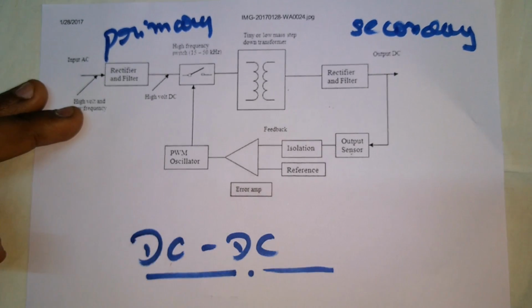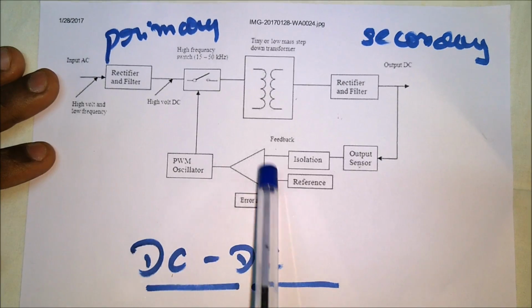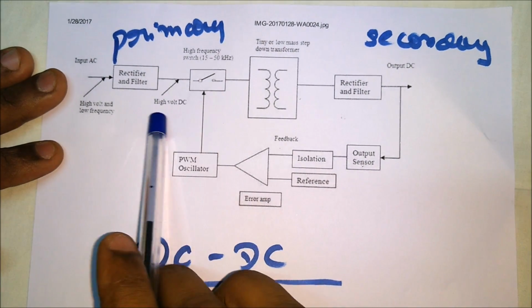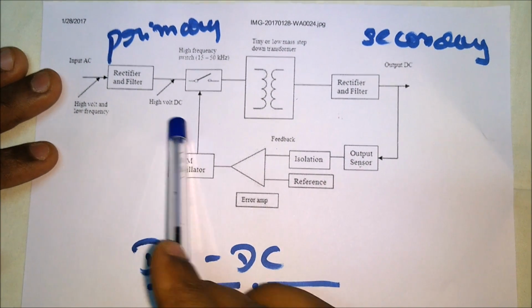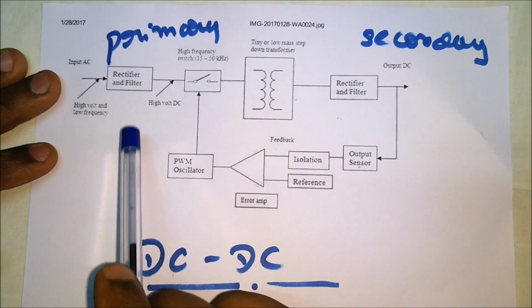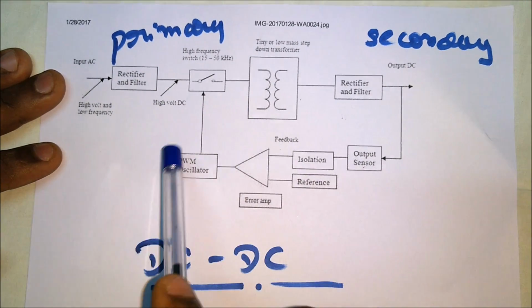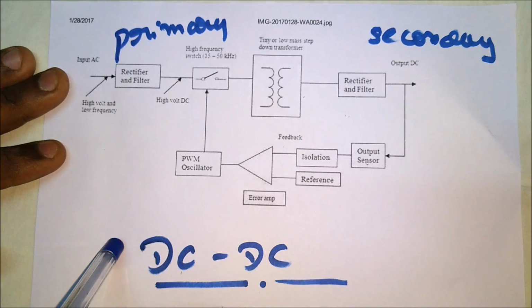This primary is a hot area. Hot area means high voltage, not high power, and it's very dangerous because it directly interacts with the line, that is, whatever input supply we give.